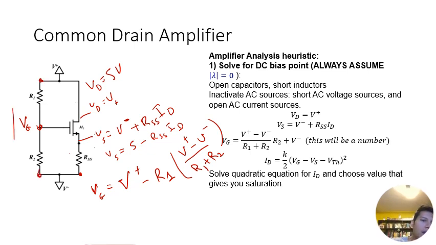And so that means that there's no current flow through here. So the current flow through here is actually just V plus minus V minus divided by R1 plus R2. So this is the current. And the voltage here has to be the voltage here minus the voltage across this resistor, which is R1 times I. So V plus minus R1 times I gives us Vg. So VGS would just be subtracting out these two equations.